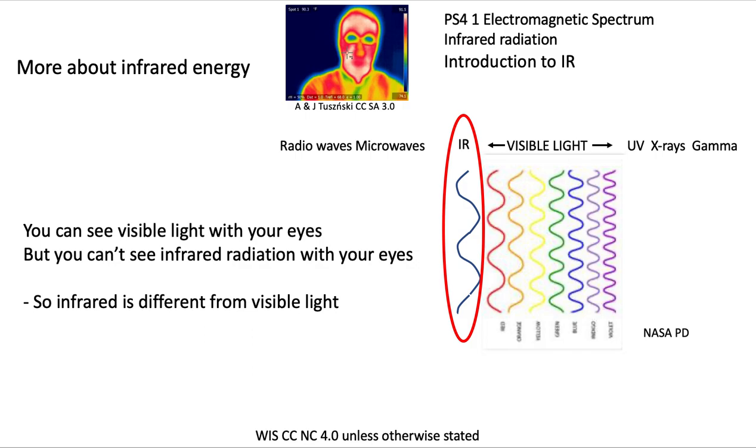The gamma rays have a wavelength about the size of an atom's nucleus. And to the left of visible light, you've got IR, then microwaves and radio waves, which can have wavelengths kilometres long.